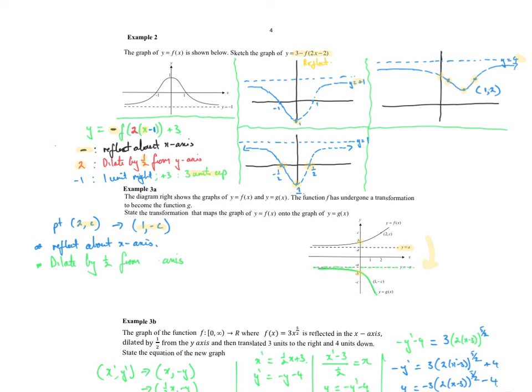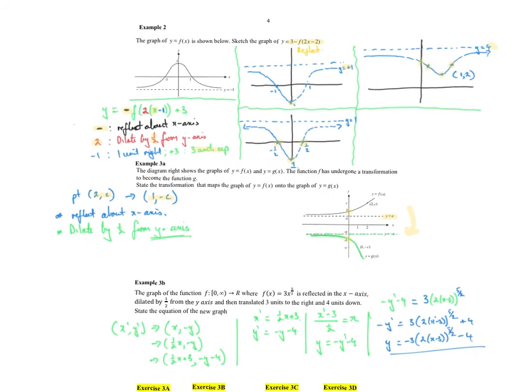The x value has been multiplied by a half, which is a dilation from the y-axis. So good thing we're checking that, isn't it? Just clarify that. That's a bit better. All right.